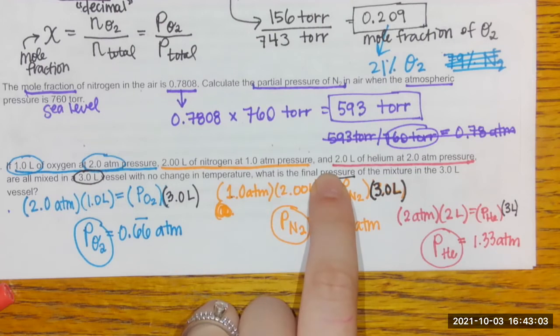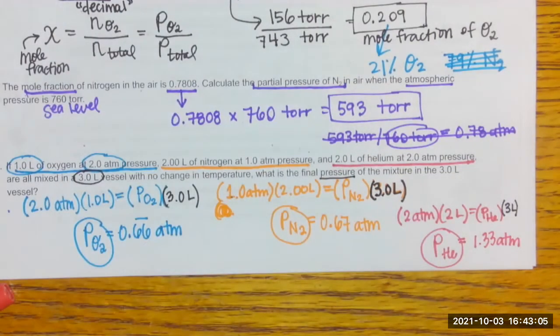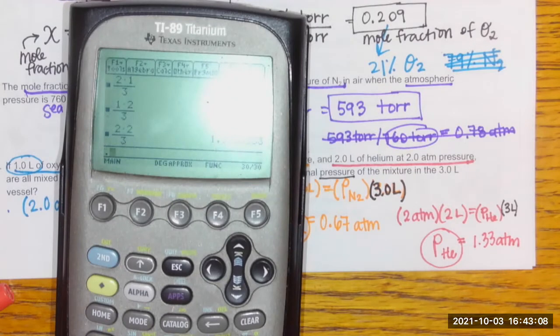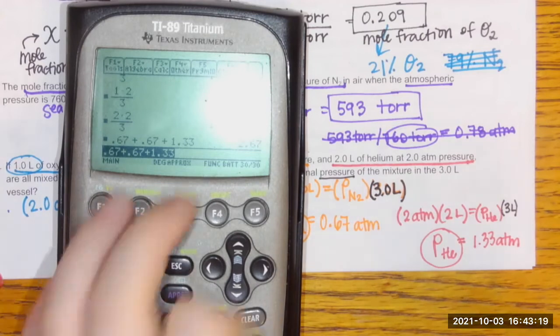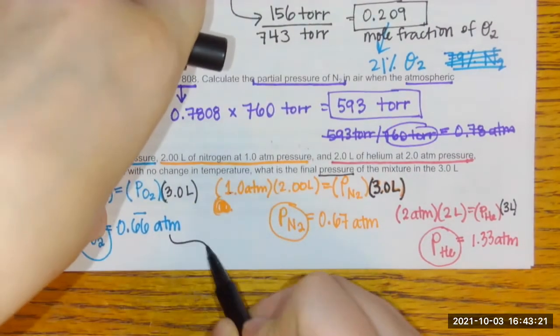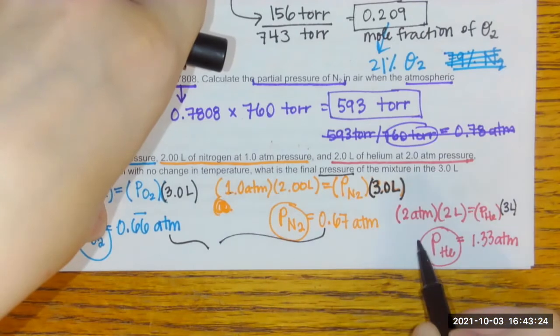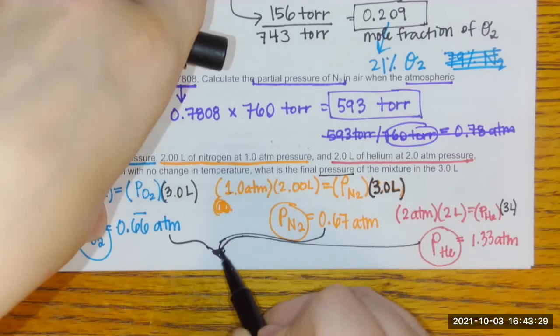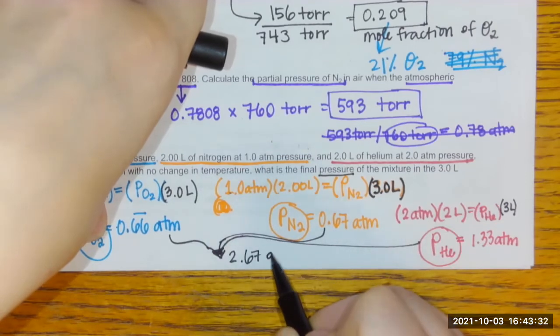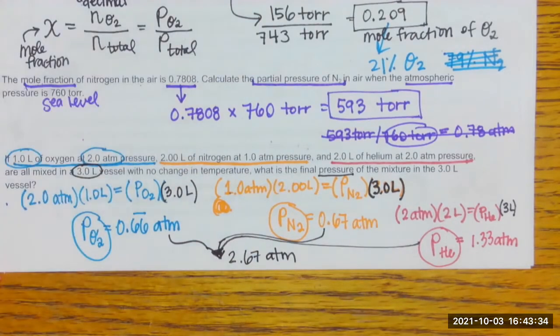What is the final pressure in the container? 0.67 plus 0.67 plus 1.33 equals 2.67. If you wanted, you could figure out the mole fractions.